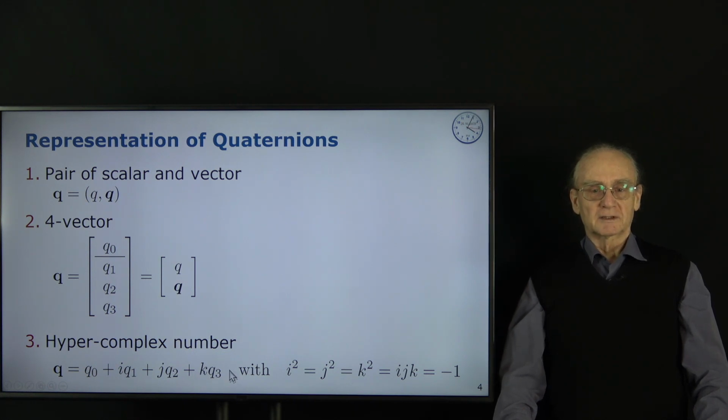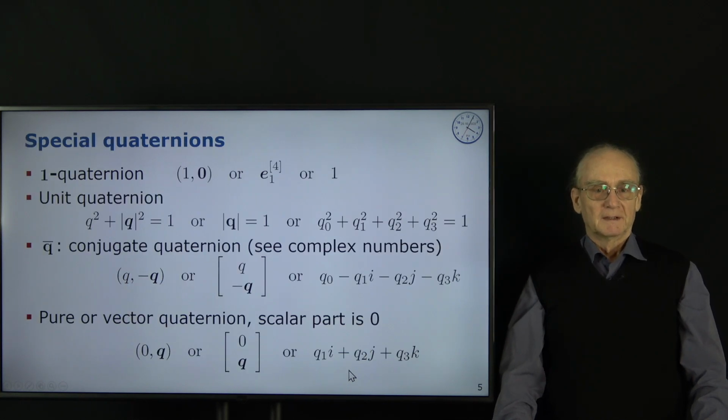And the convention is that i squared is -1, j squared is -1, k squared is -1, and we have the multiplication rule i times j times k is -1. We will look into this in a little bit more detail, but we will not use the hypercomplex numbers for the whole lecture.